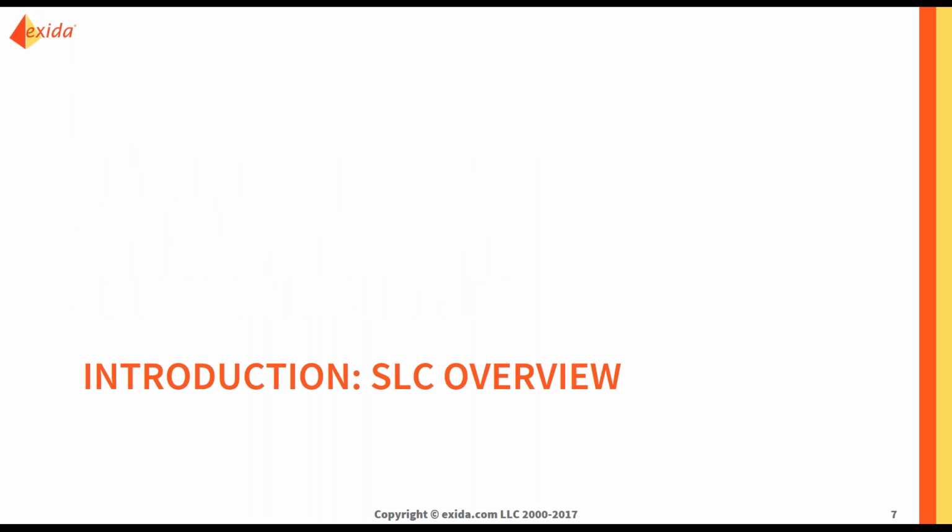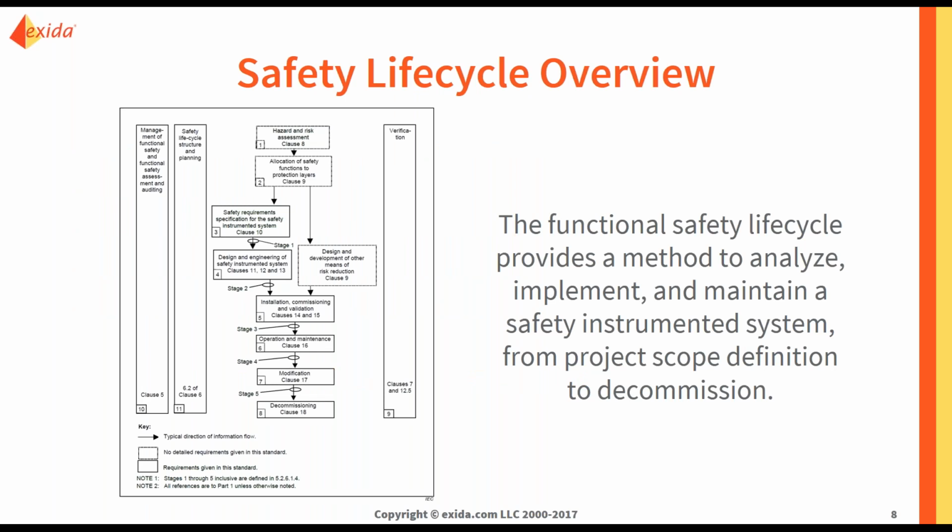Safety lifecycle overview. IEC 61511 defined the functional safety lifecycle to provide a method to analyze, implement, and maintain the safety instrumented system. This is from project scope definition to decommission.